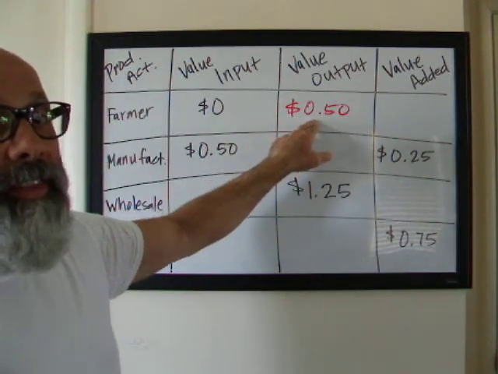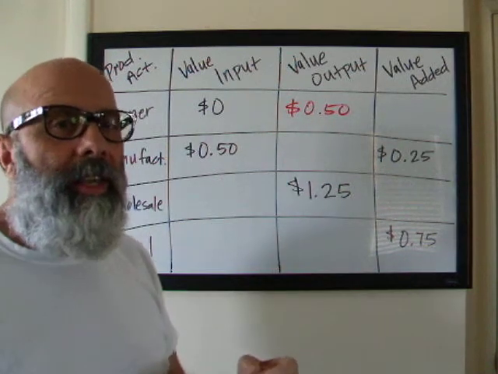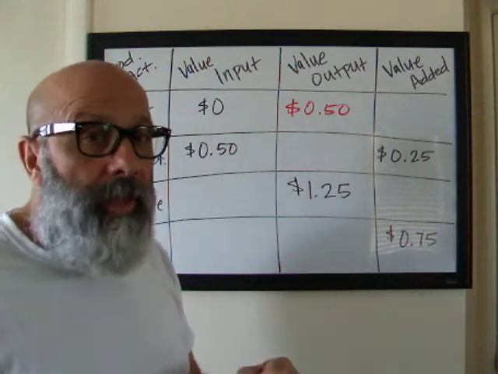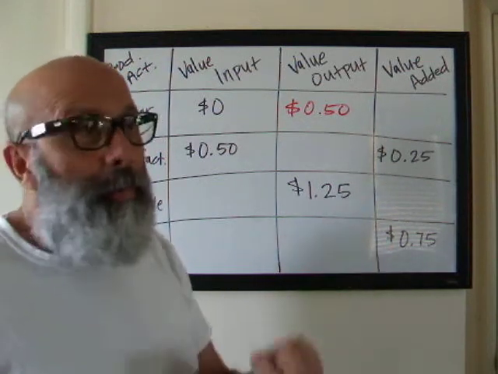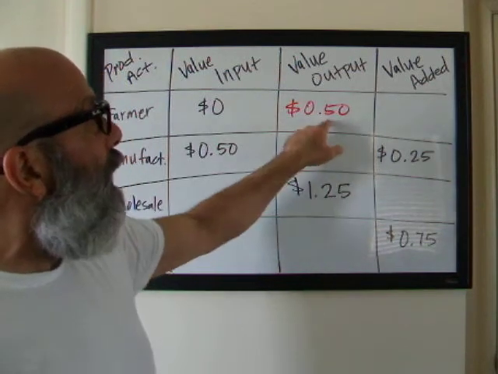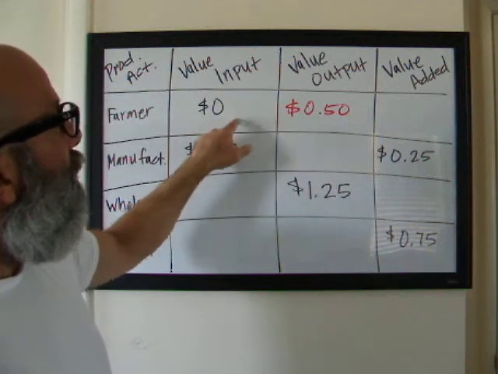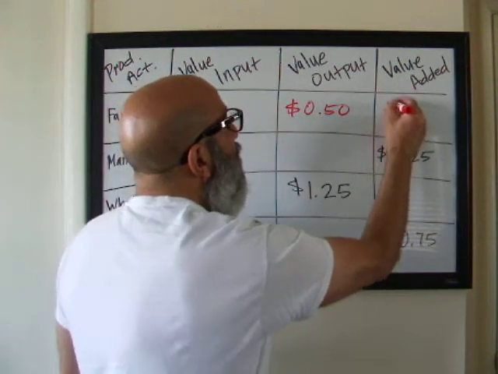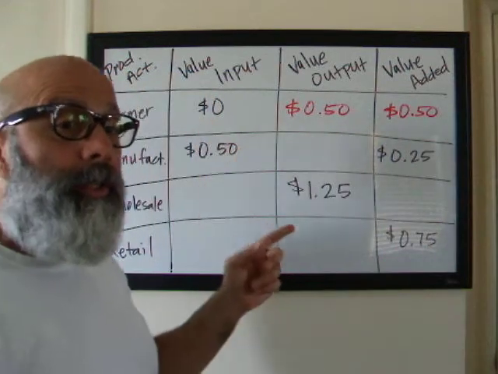So they're saying, hey, this avocado is worth 50 cents to me. That means if the farmer adds in all the wages they paid laborers, all the rent they paid the landlord, the interest they paid to capitalists, and the farmer's profit, for each avocado they're making 50 cents. So we just take the value of the output minus the value of the input. That's the value that's added at this first stage of production.